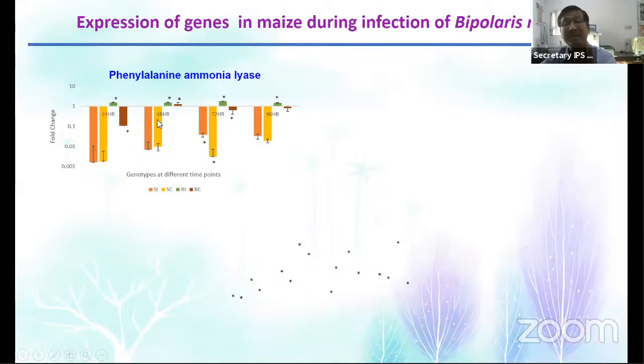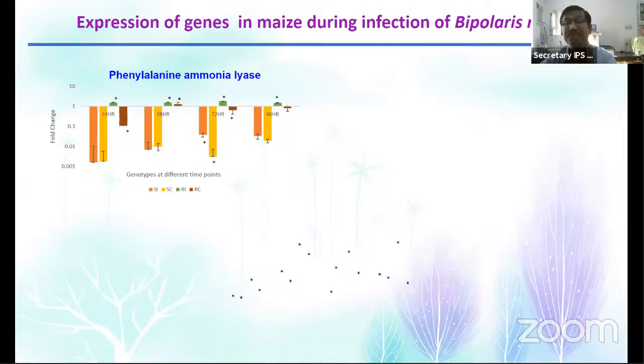In this case, PAL activity was increasing, and gene expression was also recorded high initially up to 48 hours, and it reached the highest at 72 hours, and again with the advancement of time, at 96 hours, it reached the peak.